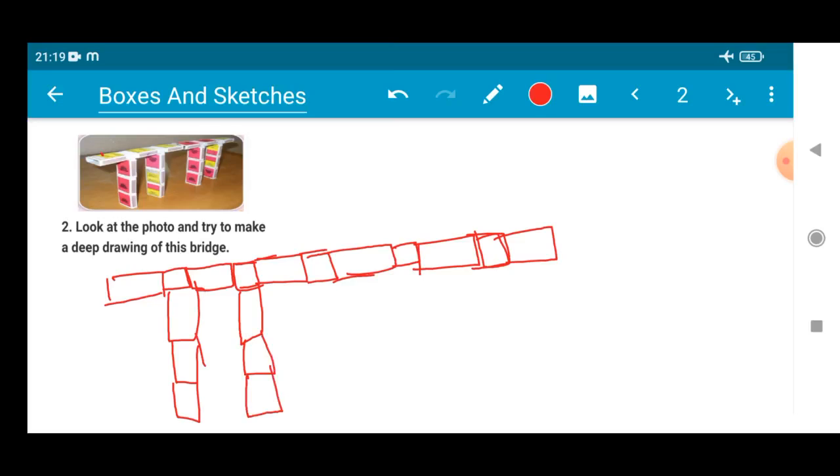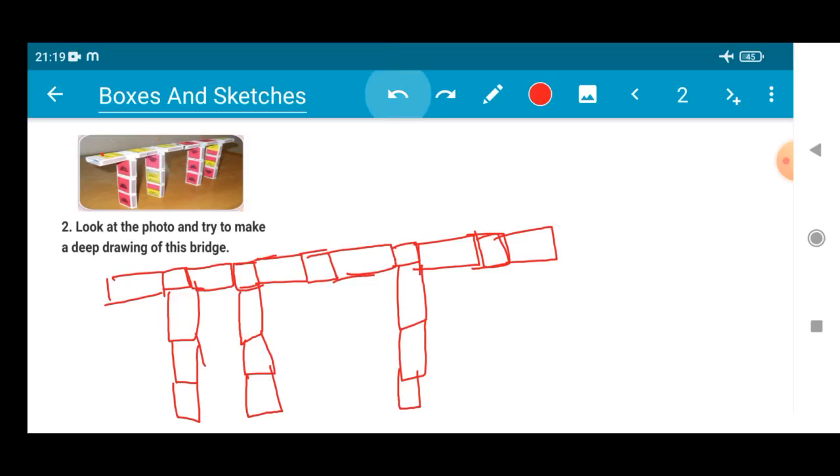Again in this part, just have a look, there is a white part over here, right? So where we are going to make it is over here, 1, 2, 3. But this part is missing.